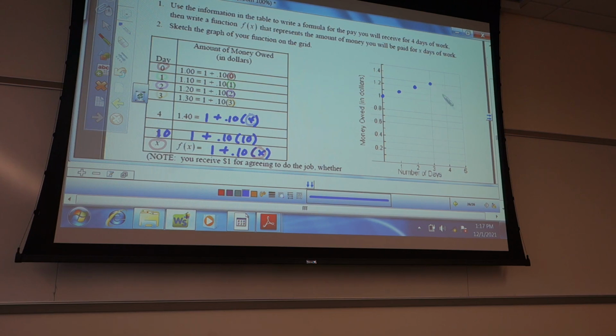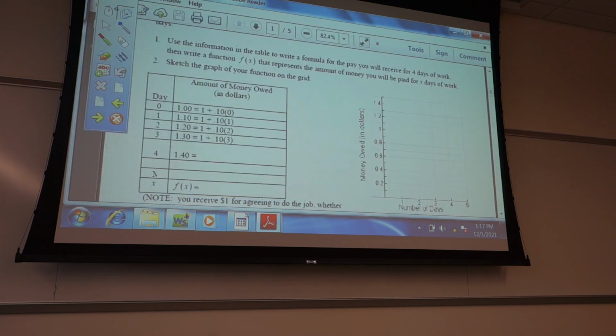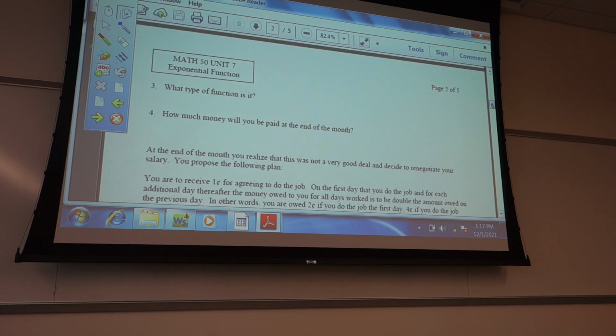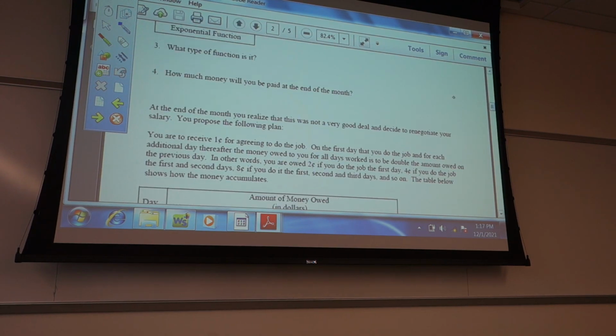Yep. Eric, after 4 days? $1.40. Yep. Natalia, after 5 days? $1.50. Great. See how it makes a line? It makes a straight line. Anyone see that? This is linear. That makes sense, right? It should make a straight line. Okay, good. Now, what kind of function is it?